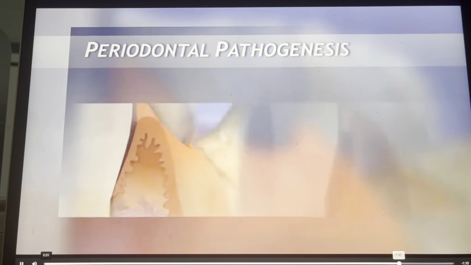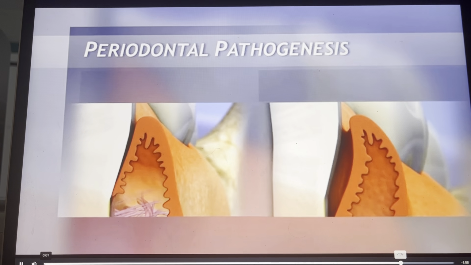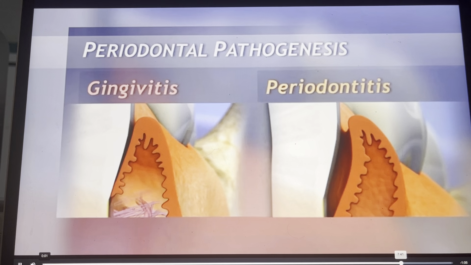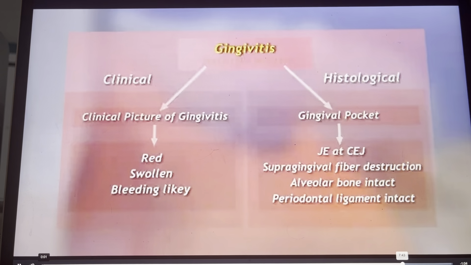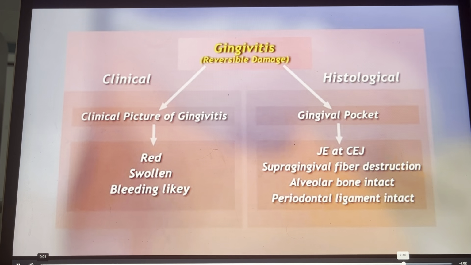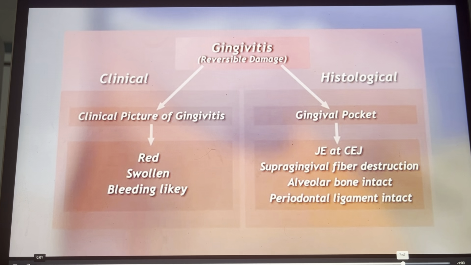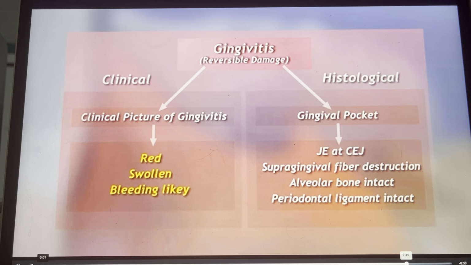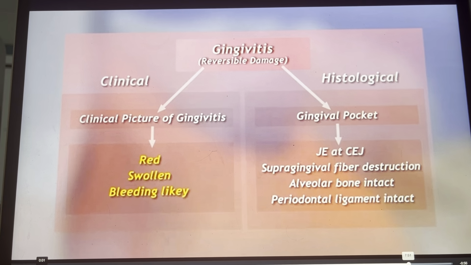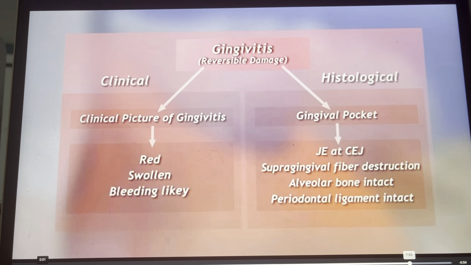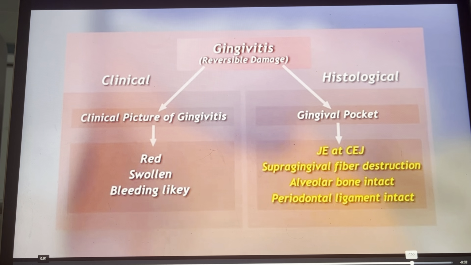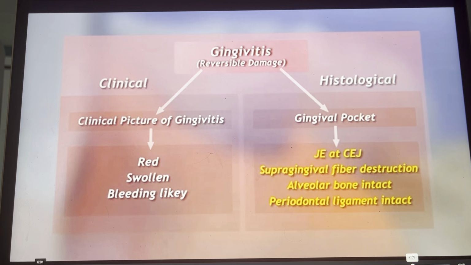The two types of periodontal disease are gingivitis and periodontitis. Gingivitis is a reversible condition that is characterized by changes in the color, contour, and consistency of the gingiva. There is no apical migration of the junctional epithelium or bone loss in gingivitis.